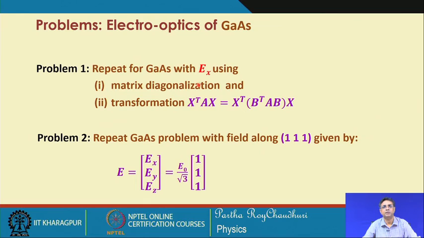Then we can use this matrix diagonalization to get the principal refractive indices, and after having these principal refractive indices, we can calculate the birefringence. That is the same protocol, the same rule that has to be followed for all modulators. From the birefringence we calculate the phase delay, and from the phase delay we calculate the half voltage, that is, how much voltage is required to get a phase delay of pi, so that the modulator can be switched from state 1 to state 0 or state 0 to state 1.